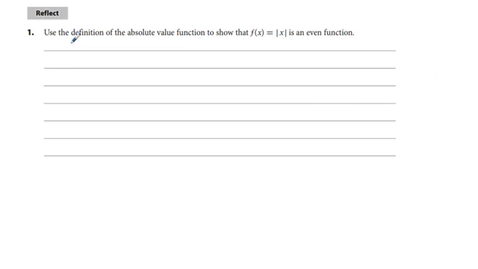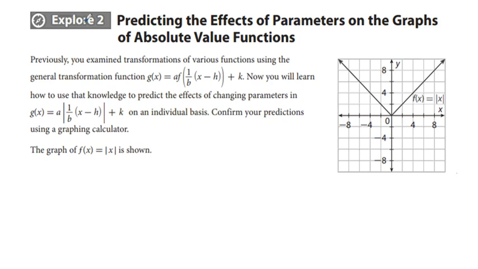Okay, next, use the definition of absolute value to show, no, I'm not going to do that. Explore 2, predicting the effects of parameters on the graphs of absolute value functions. And here we have the general transformation function, and I've already explained some of this notation in speaking about quadratic functions, for instance.